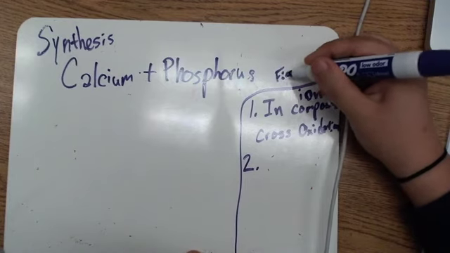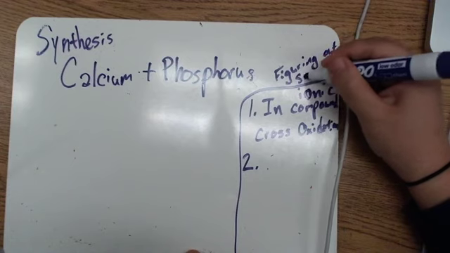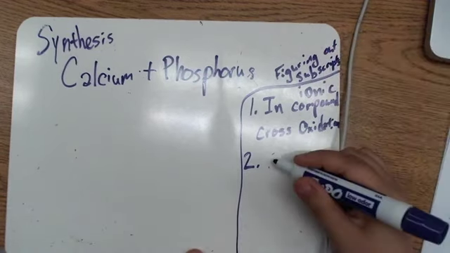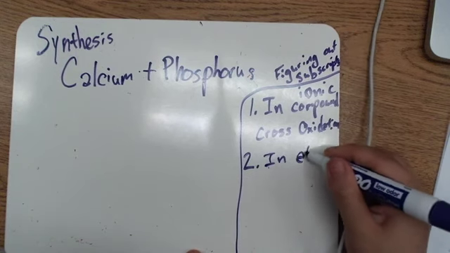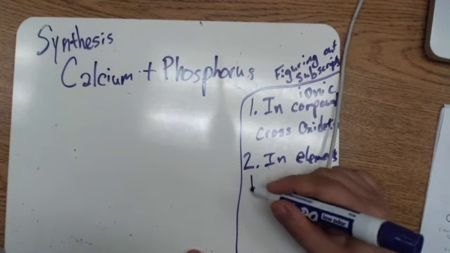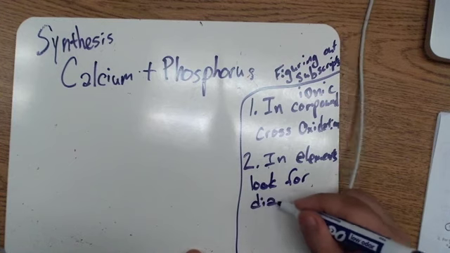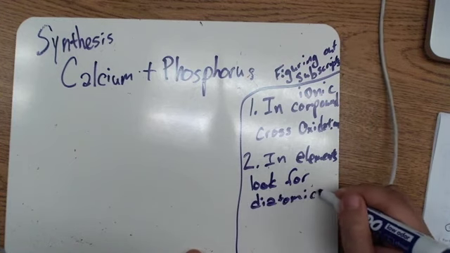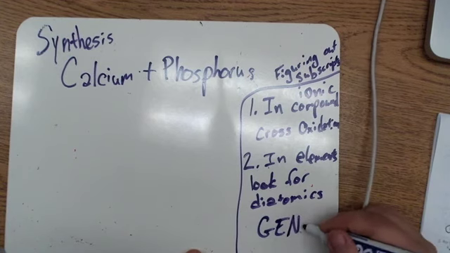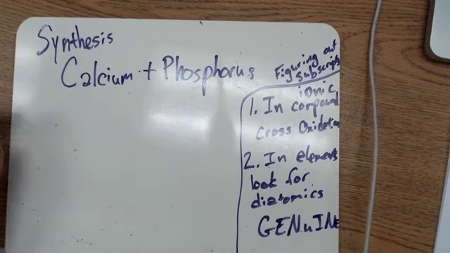I'm going to label this figuring out subscripts. In elements, you look for diatomics. Again, the one that I like to use is Gen U I.